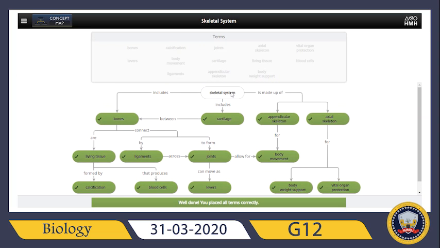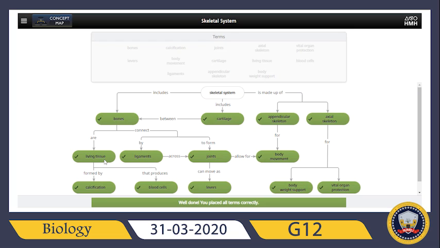The skeletal system includes bones, also includes cartilage between bones. The bones are living tissue formed by calcification process. Bones connected by ligaments to form joints.